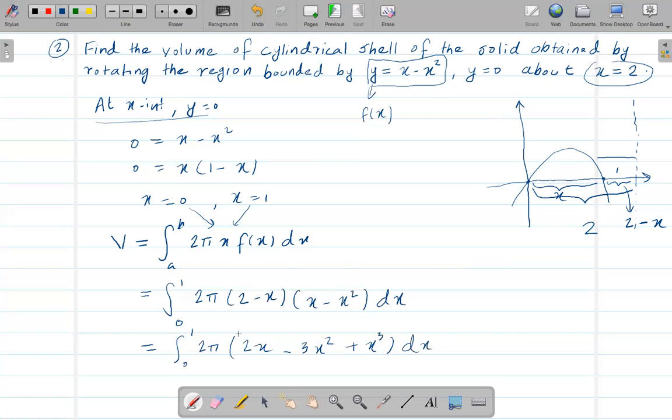Basically you can just take the 2 pi out. So the volume is 2 pi times the integral of 2x minus 3x squared plus x to the power 3 dx.